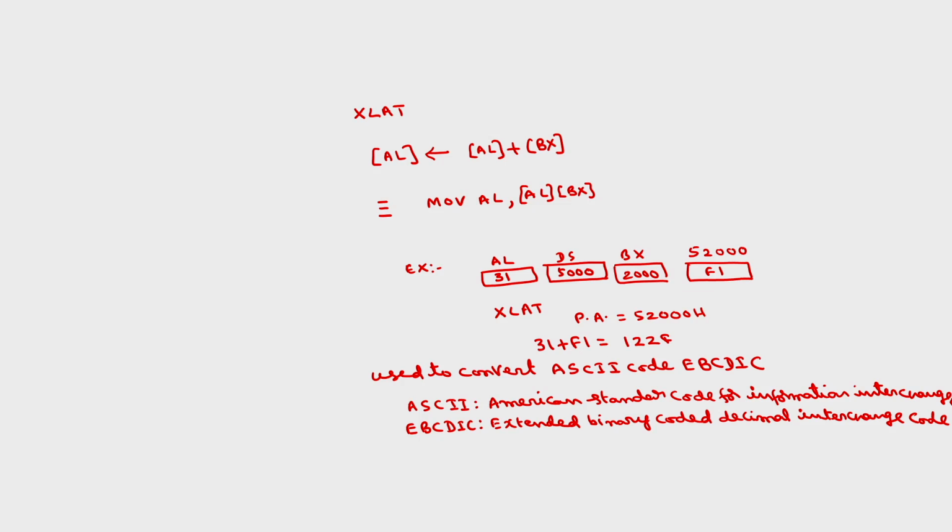ASCII is a 7-bit code. You might have heard about the ASCII keyboard. What is meant by the ASCII keyboard? Each key will be coded by the ASCII code. This ASCII code is a 7-bit code. We have an 8-bit code also.